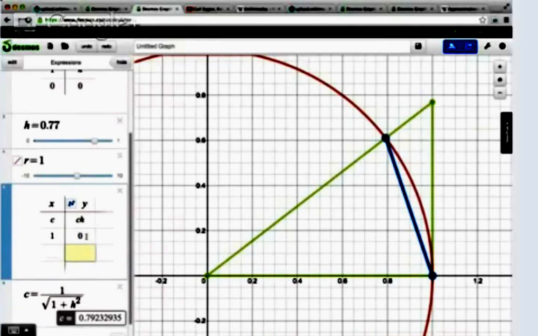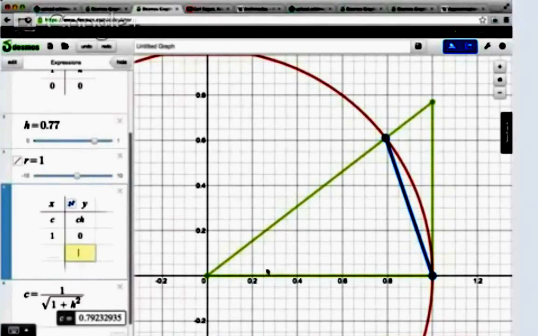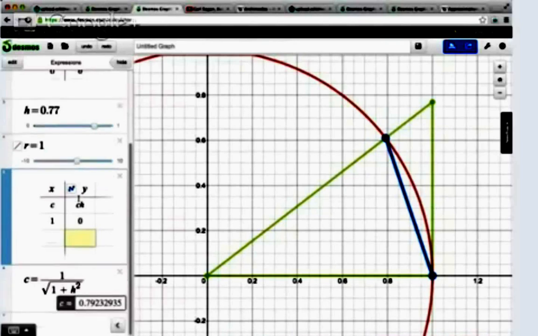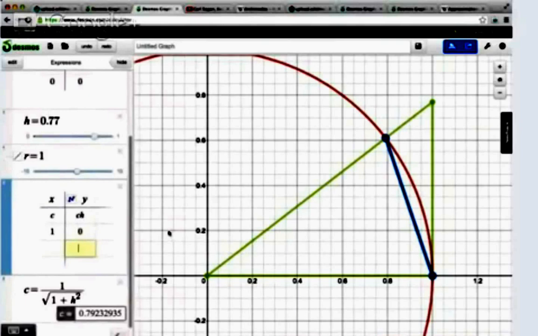We have one question: how did you know to use c times h for the y coordinate? Well, I have a triangle here. It's really sort of a rise over run problem. Since the base is length 1, that's our run, and we just arbitrarily made the height h, so that's our rise.